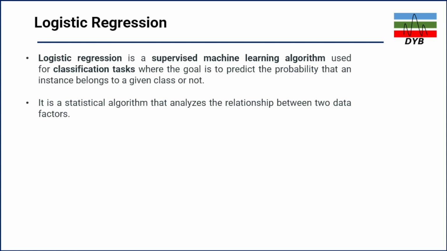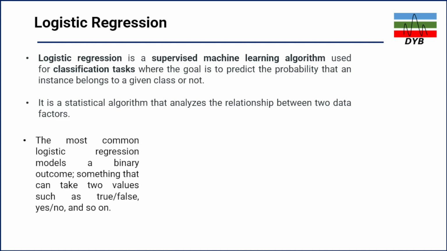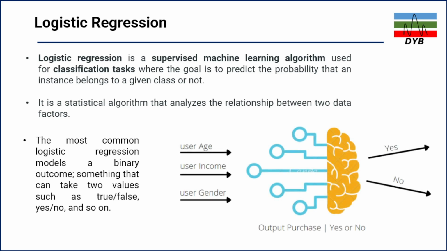It is a statistical algorithm that analyzes the relationship between two data factors. The most common logistic regression model has a binary outcome, such as yes or no, 0 or 1, or something that can take two values, such as true, false, yes, no, and so on. In this example, we are looking at the user age, the user income, and the user gender.